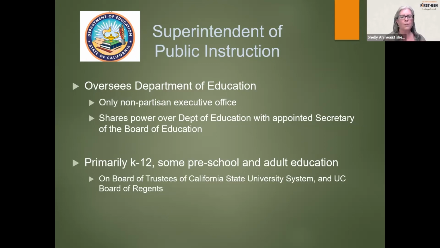Again, this is primarily K through 12, some preschool and some adult education. The Superintendent oversees the Department of Education, but also, not surprisingly, sits on our Board of Trustees and also the UC Board of Regents.